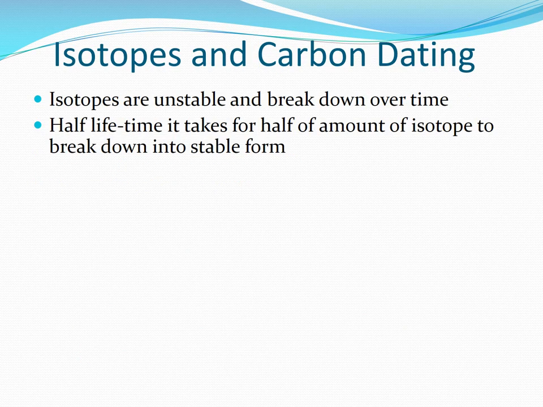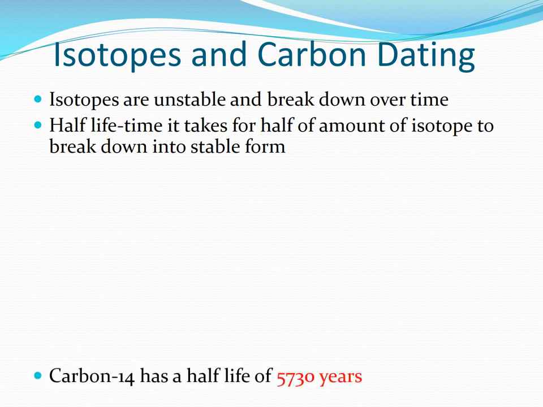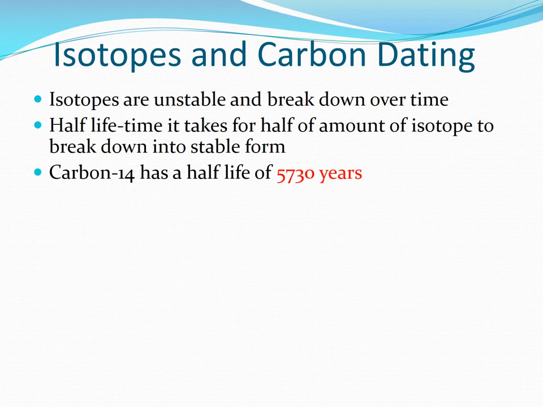So isotopes are very unstable, we made that clear, and they break down over time. In fact, it takes a certain amount of time for half of that amount to go away. You've heard of isotopes before because we use these in medicine a lot, but you probably also realize that we use these because carbon-14 has an unbalanced neutron, and it takes 5,730 years for half of that extra neutron to disappear.